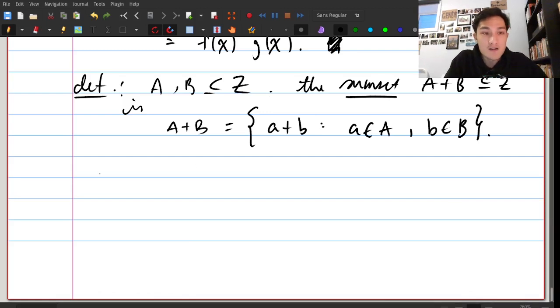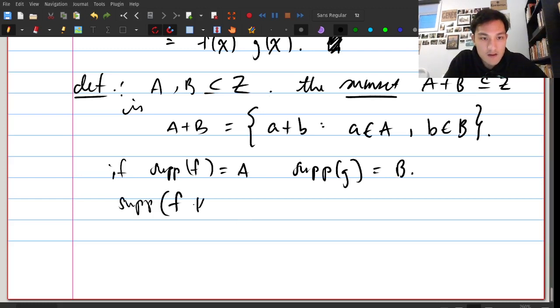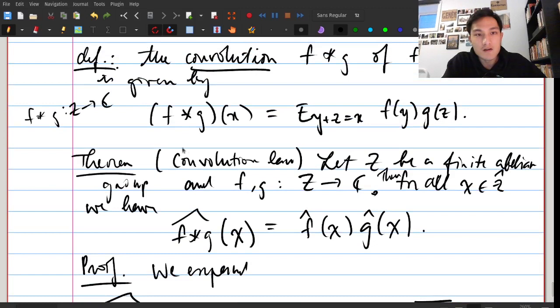And this is related to convolution. Just note, if the support of f is equal to A and the support of g is equal to B, then the support of f star g is, well, not equal to, but a subset of A plus B. That's clear because when we defined f star g, we only took a sum over all y plus z equals x.